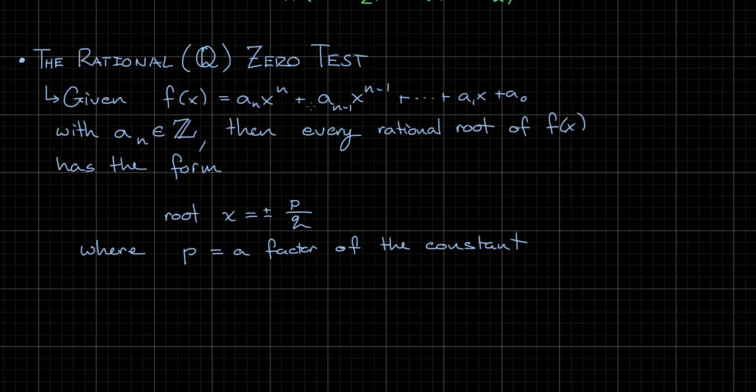Which a? Everybody agrees it's this one, there's no x. A sub 0, or I much prefer a naught, N-A-U-G-H-T. P is a factor of the constant, and Q is a factor of the leading coefficient.